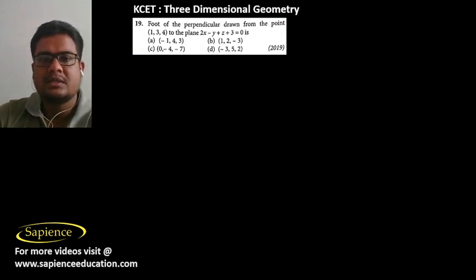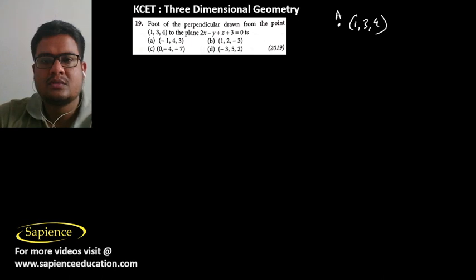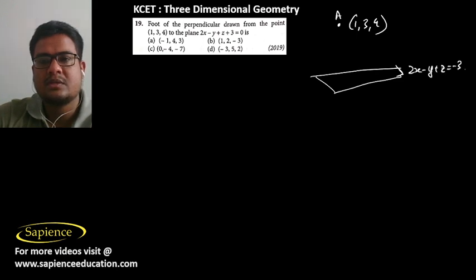Question number 19 is told: foot of the perpendicular drawn from the point 1, 3, 4, from this point A to the plane whose equation is 2x minus y plus z is equal to minus 3.